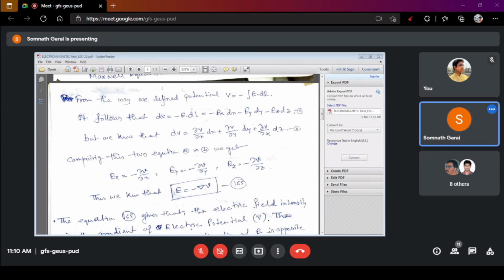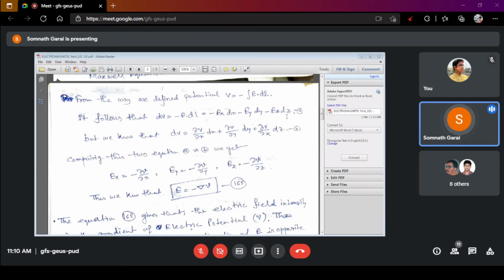Now this E dot dl we can represent in Cartesian form as minus Ex dx, minus Ey dy, minus Ez dz. So dV is represented in Cartesian form as E dot dl, that is minus Ex dx minus Ey dy minus Ez dz.